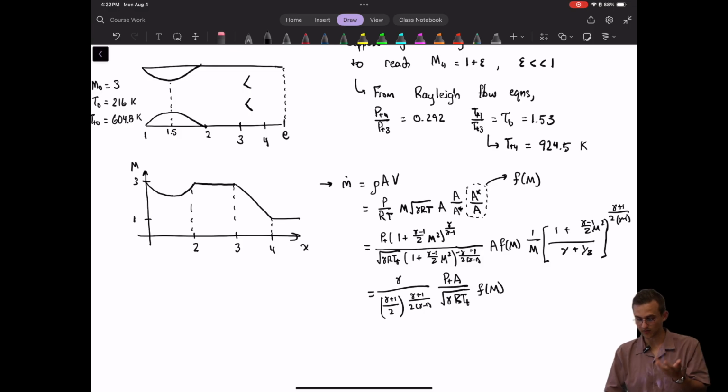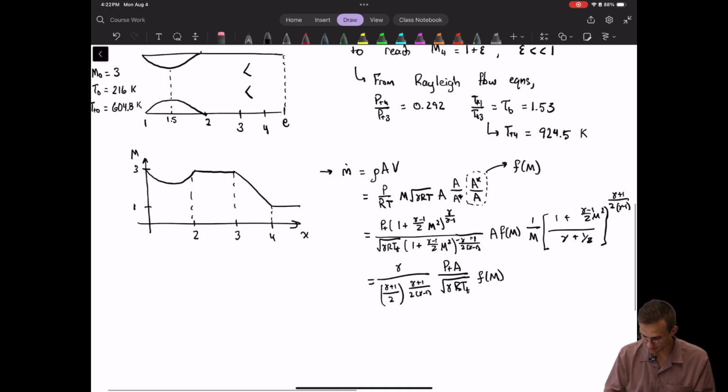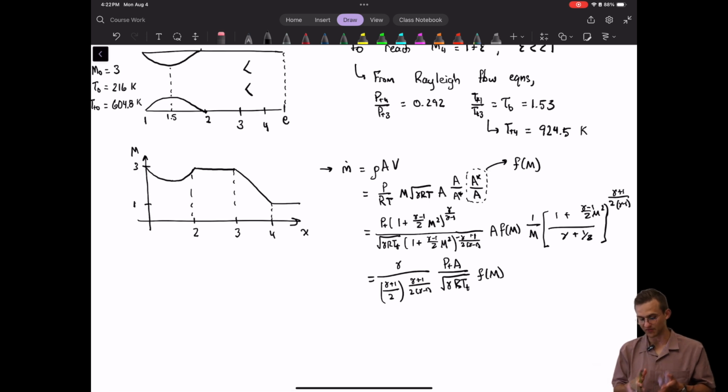We have the mass flow rate in terms of the stagnation pressure and temperature and this area Mach relation function of M. The reason why this becomes very nice is because if we compare the mass flow rate between two stations, which we know have to be the same, and we assume that gamma is not changing between those two stations, that complicated constant out front cancels, and what you end up with is a straightforward relationship between the stagnation conditions and the Mach number between two different locations in the engine.